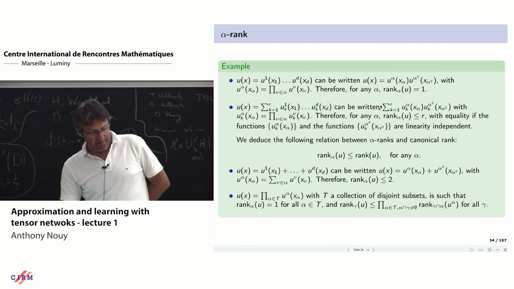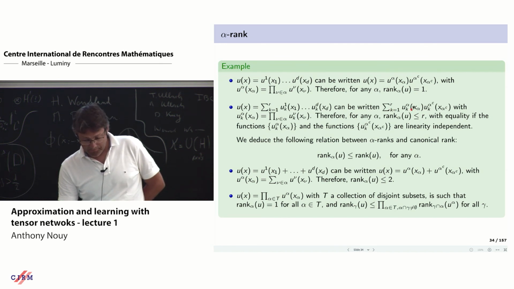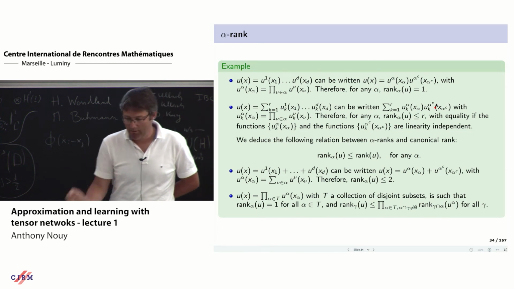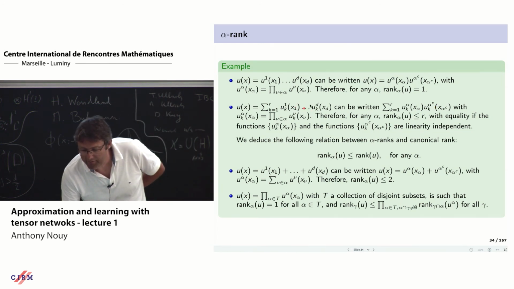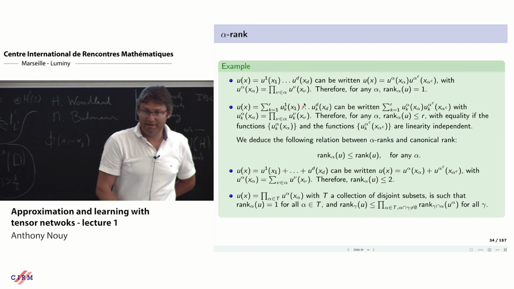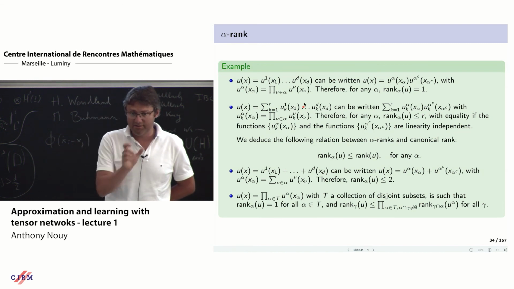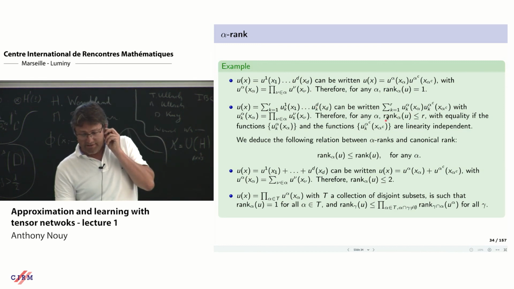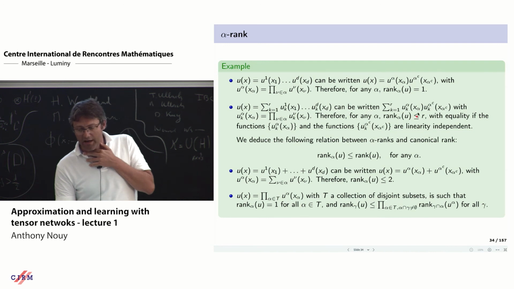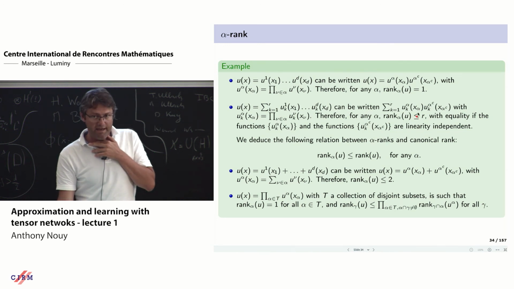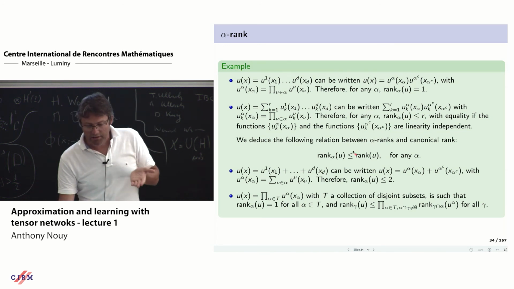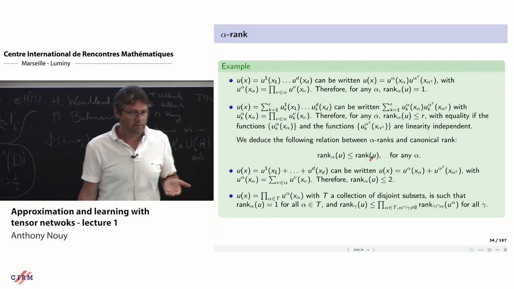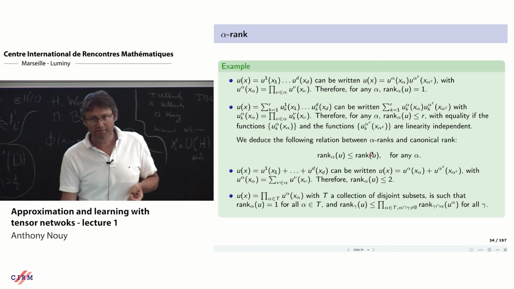Clearly, it can also be written as a sum of products of functions of groups of variables, by grouping the different functions with the set alpha or alpha complementary. Then clearly, from this, you see that the alpha rank of u is bounded by R. The implication of this is that the alpha rank of a function u is bounded by the canonical rank. Is it clear?